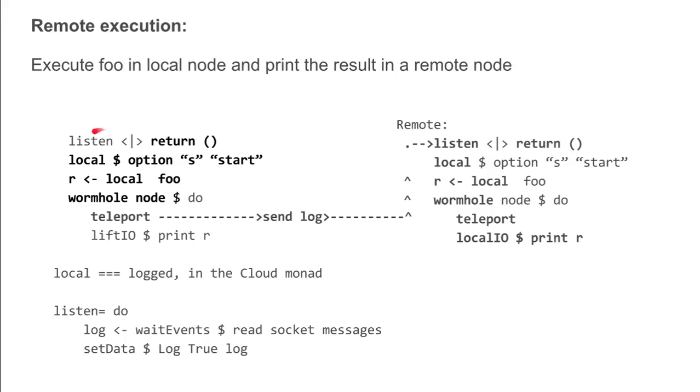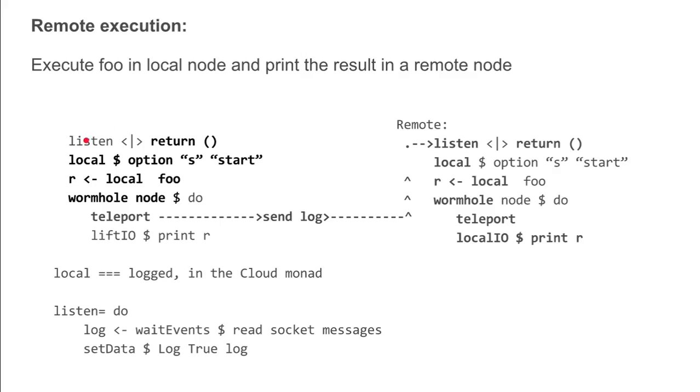First, we have something like listen, wormhole, and teleport. Local is like logged, but with type safety to make sure that everything which uses remote invocation calls logged. But look at this.